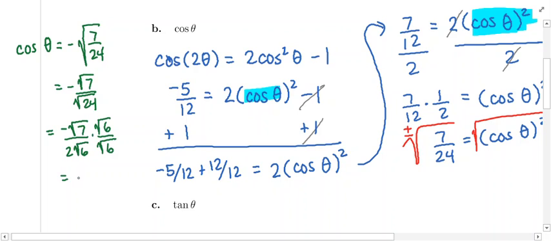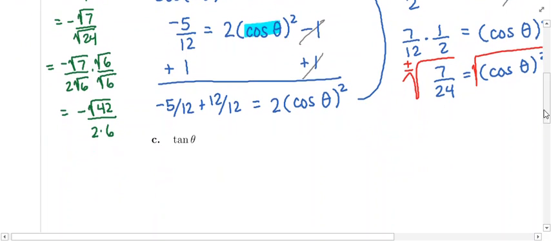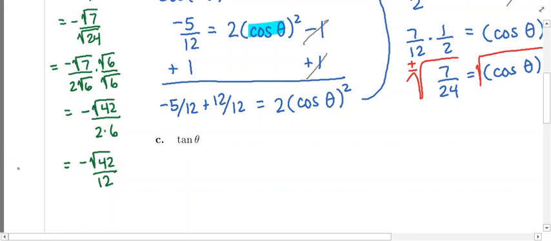Multiply across the top and the bottom. We're going to get negative square root of 7 times square root of 6, which is square root of 42. In the bottom, we're going to have 2 times 6, since square root of 6 times the square root of 6 is 6. So this whole thing becomes negative square root of 42 over 12. That is the value of the cosine of theta.